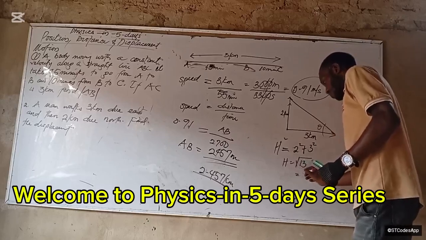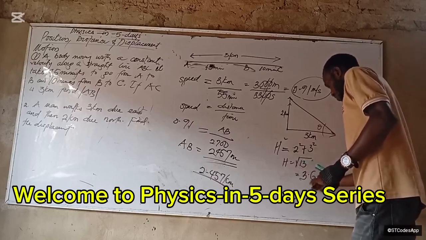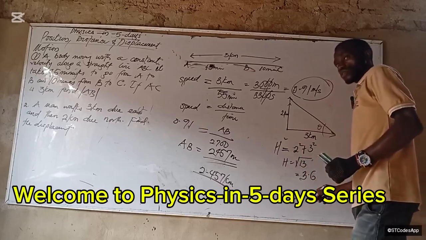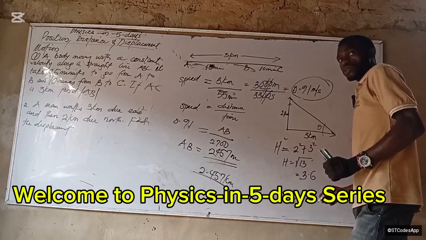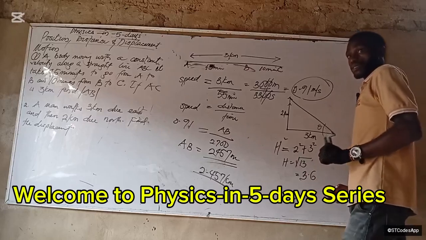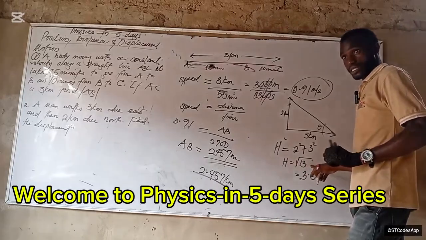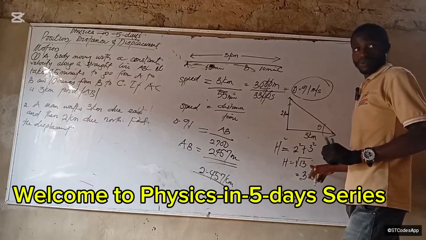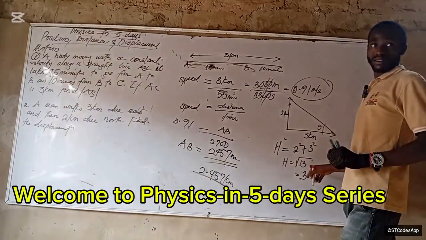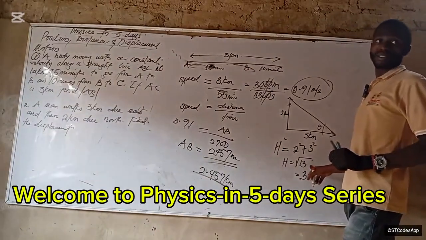What does that become? 3.6 what? Exactly. So 3.6 and 3.6 will give you 13. Square root of 13. Let me see.